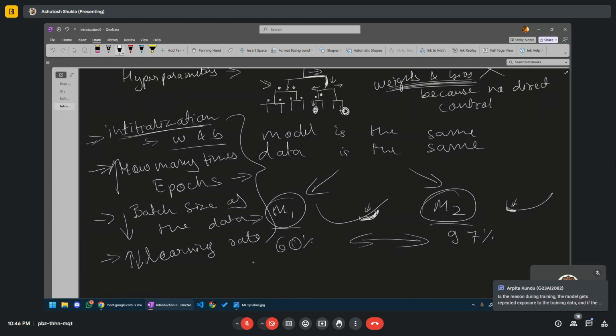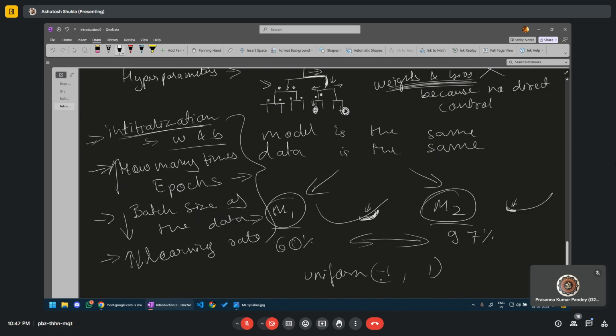For example, in one of the classes we did this, where we were using uniform distribution, and we started from -1 to 1, so weights and biases were between -1 and 1. But it didn't train the model properly, and then we switched it to -0.5 to 0.5, and it started training the model perfectly fine. So these are hyperparameters, the initial conditions that you use to train your model.